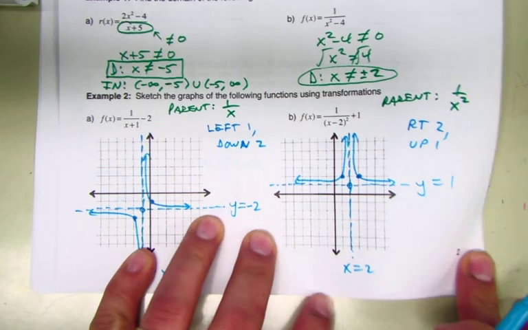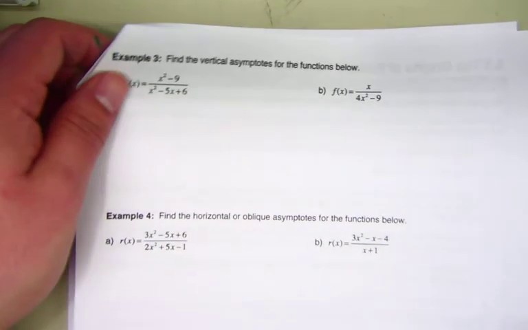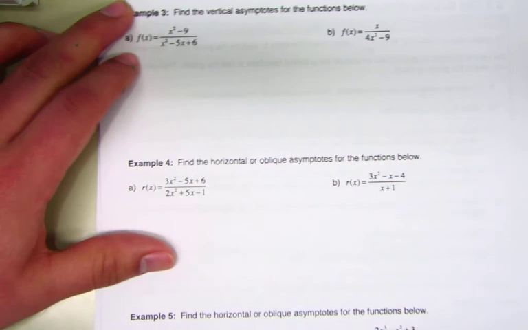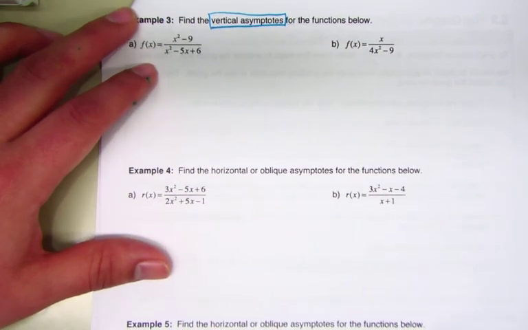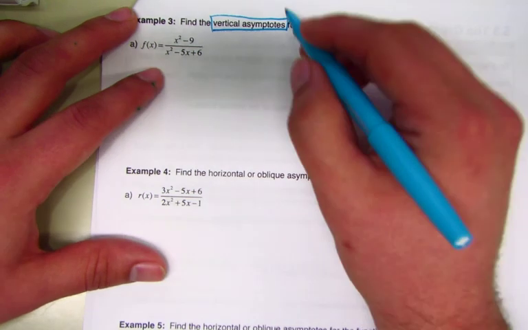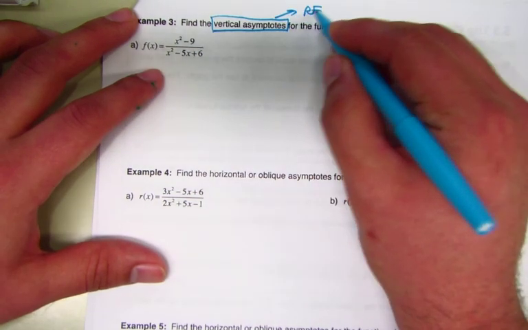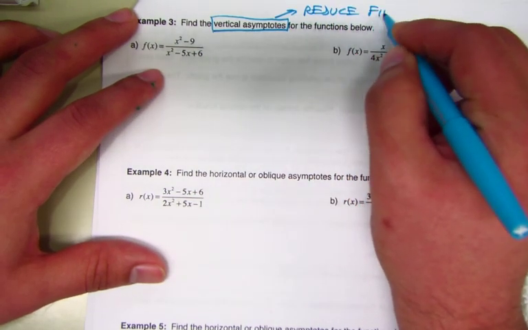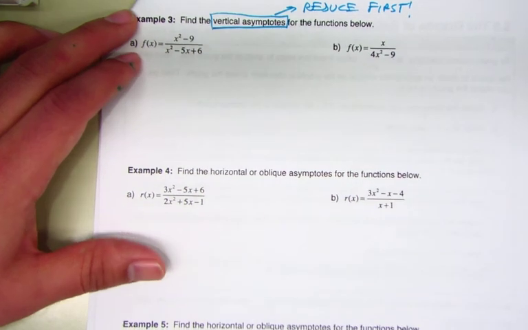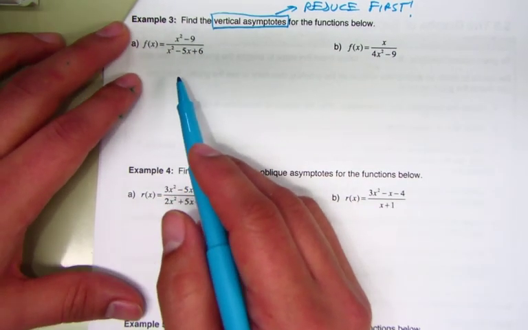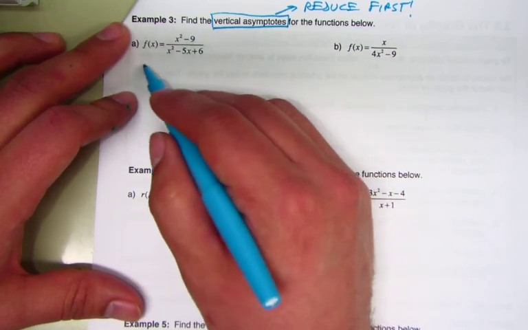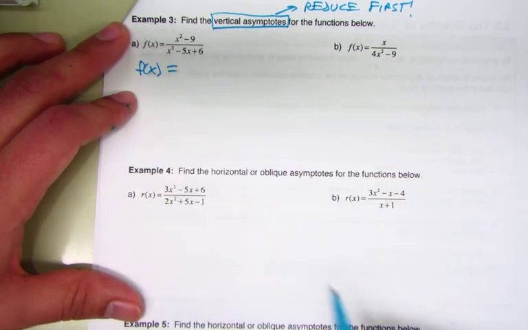Okay, last page. Here we're looking for vertical asymptotes. Before you find vertical asymptotes, you always want to reduce the fraction first. So don't just look at it and say, here are my vertical asymptotes. Let's go ahead and factor. We're going to have to remember how to factor in this unit.